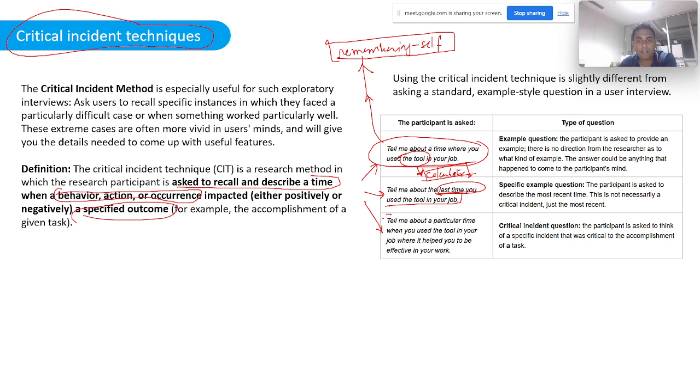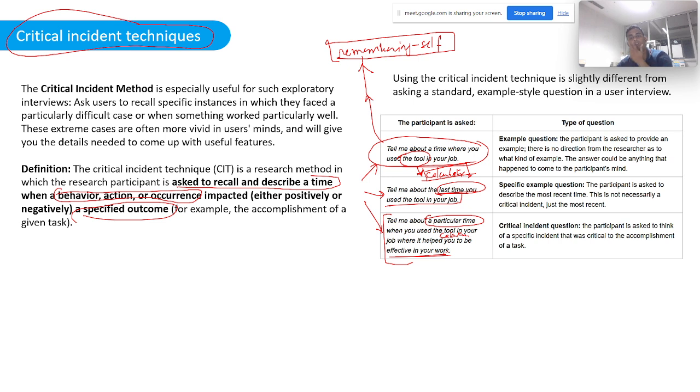But see this particular question, tell me about a particular time when you used the tool in your job where it helped you to be effective in your work. That means here the question is asked in such a way that the user has to remember a particular time where the calculator proved to be more effective in his work.